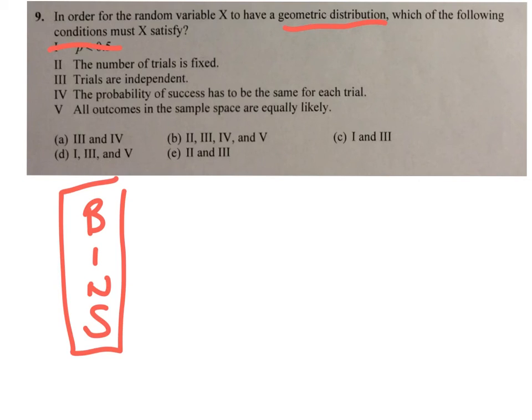Choice 2, that's only for a binomial random variable. Trials are independent? Yes, we need that for a geometric. And the probability of success has to be the same for each trial? Yes, that also has to be true. And number 5, nope, that doesn't make sense. So the answer is 3 and 4, which is choice A.